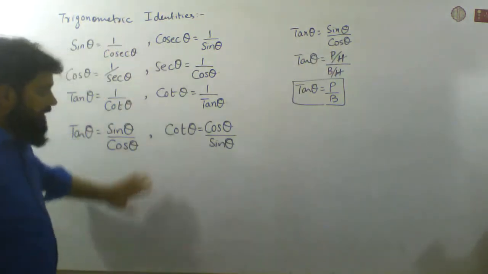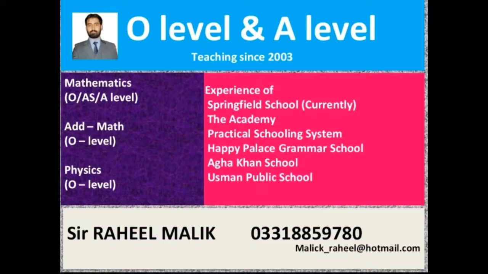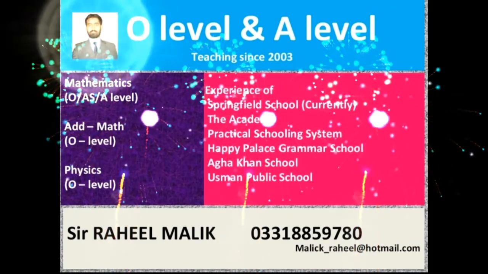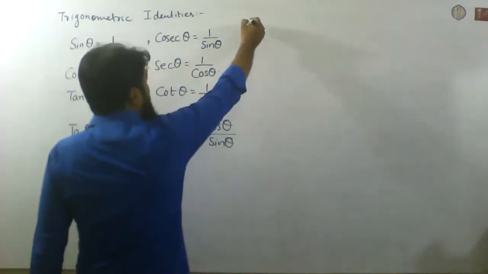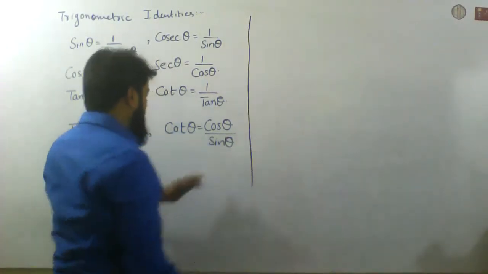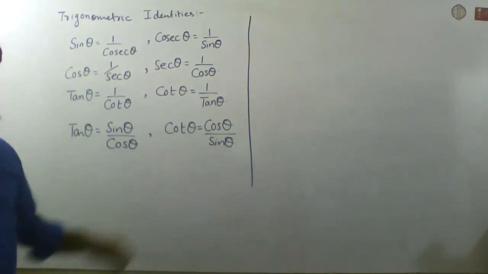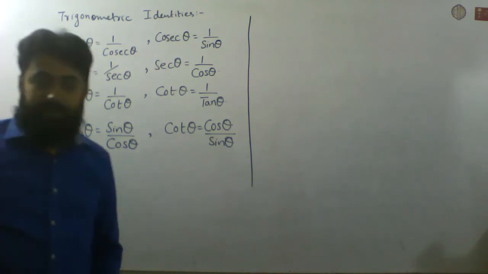In the same way, all these workings will be done. Now, these are all called reciprocal relations or reciprocal identities.